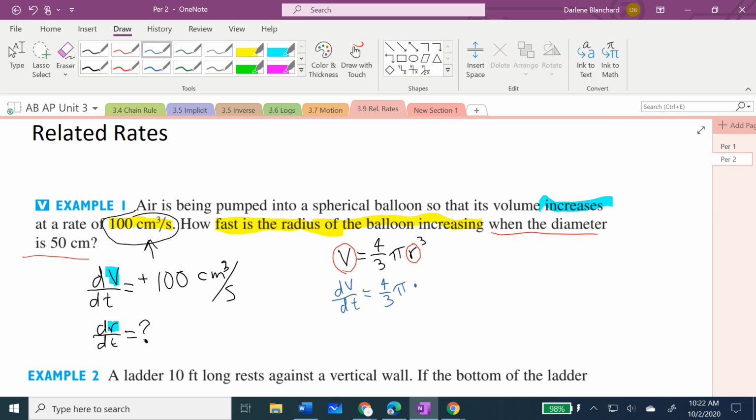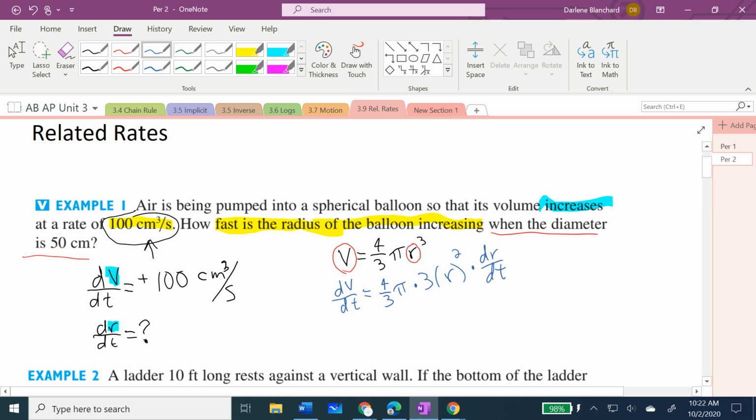So far we've done implicit differentiation where we had y's and x's and we were going with respect to x. Now nobody is the variable we are differentiating with respect to. They are all babies. So r cubed, derivative is 3r squared. Give mommy her baby: multiply by derivative of baby with respect to time.